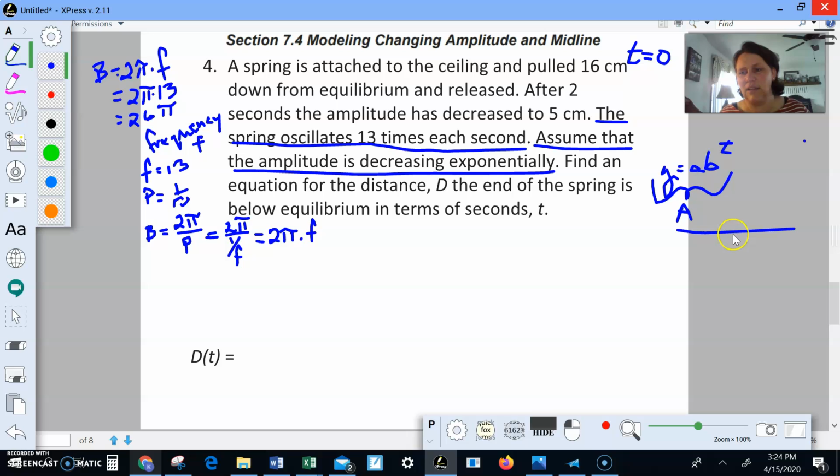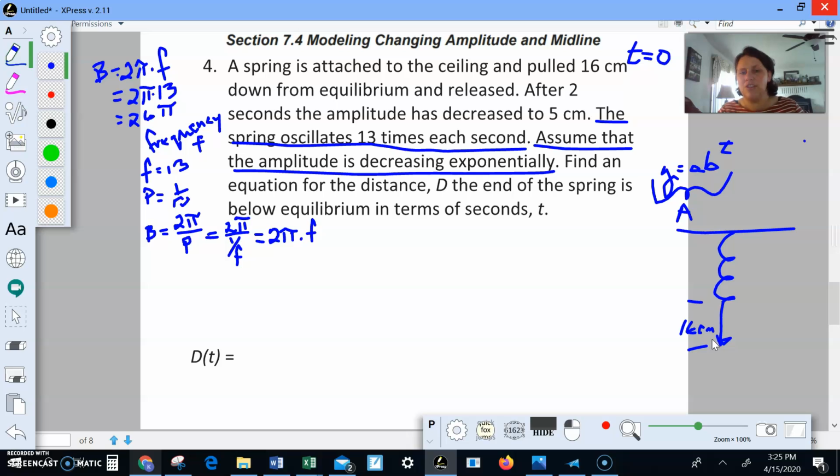We've got a ceiling and we've got a spring on this ceiling. And then we're going to pull this spring down. It's being pulled down 16 centimeters from equilibrium. So this distance right here is 16 centimeters.